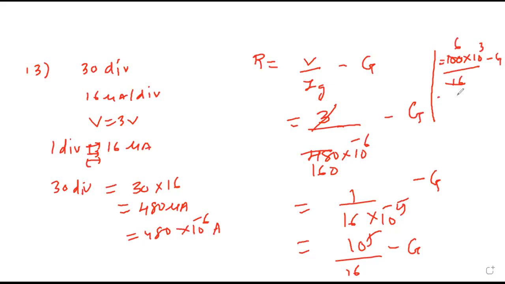So approximately 6 kilo ohm minus G, which is option A. Nearly 6 kilo ohm in series.